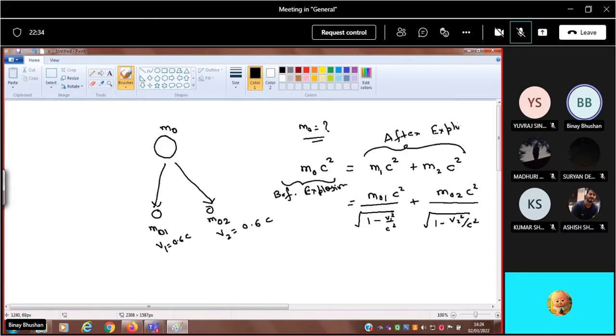And according to the conservation of energy principle, the total energy before explosion will be equal to the total energy after explosion. Is it okay? Are you understanding this?